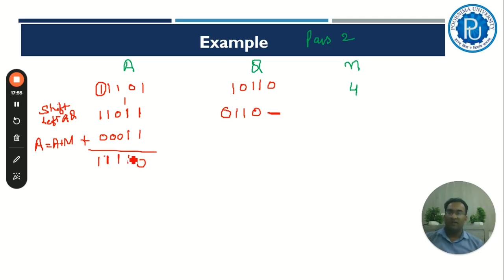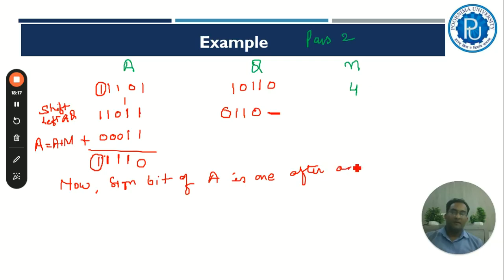Okay, this is what we get after the addition. So now see that the sign bit of A is 1 after the addition process.